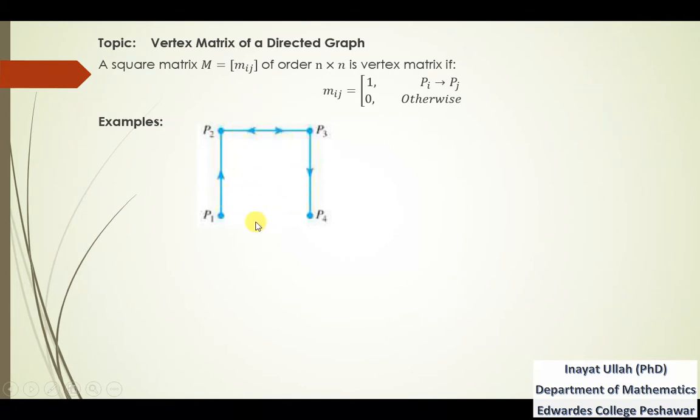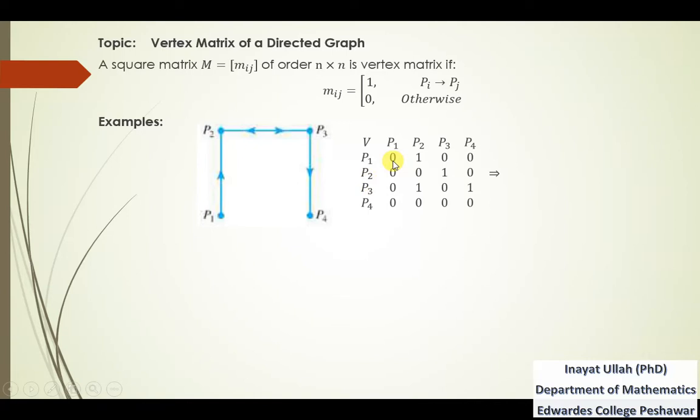So first of all, we will make a table and write these vertices P1, P2, P3 and P4 in the first row, where V means vertices, so write vertices in row form here, and write these vertices in column form here.